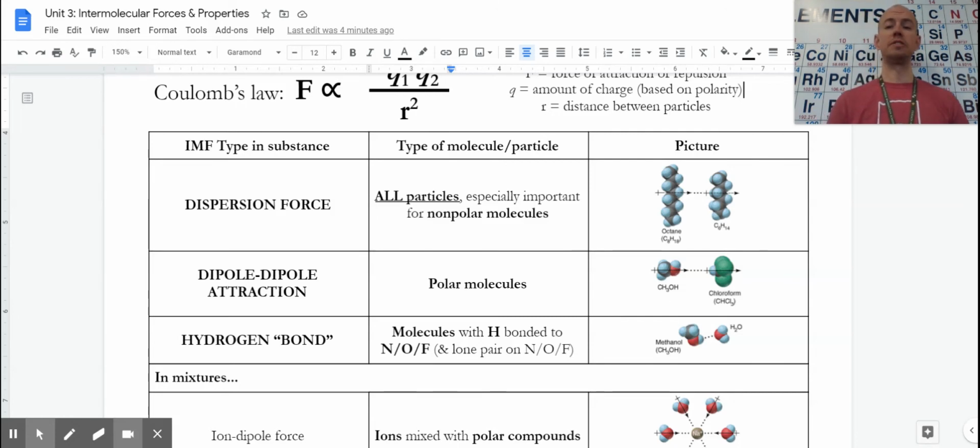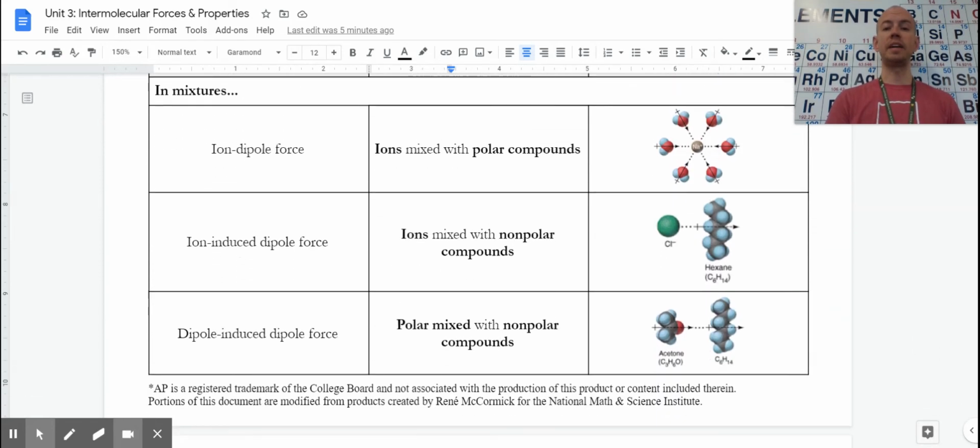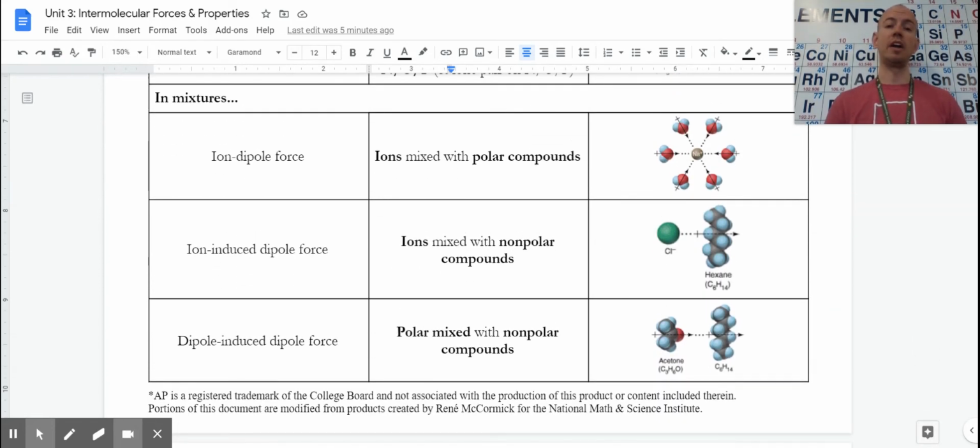When I have a mixture of substances, those particles can still mix. Remember, a mixture or dissolving something is a physical change because we still keep the same chemicals with their same identity. When something like salt dissolves in water, it does so because there's an attraction between an ion and the polarity of water.